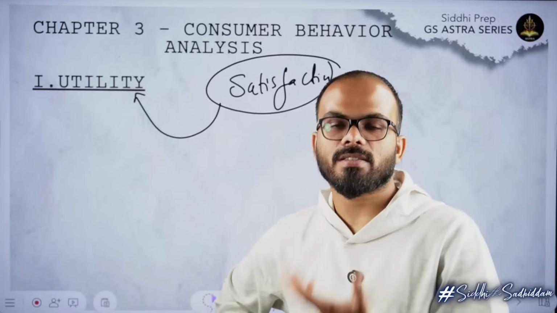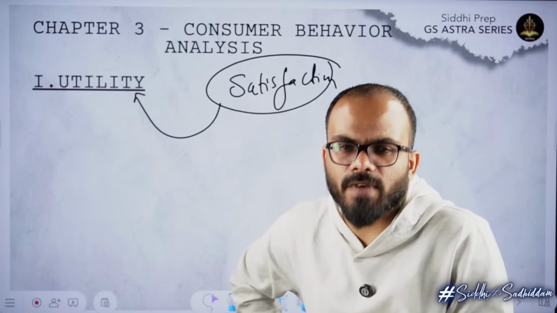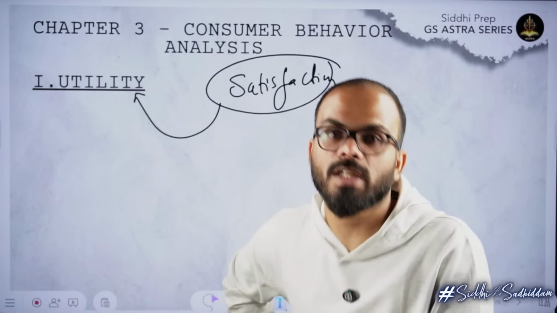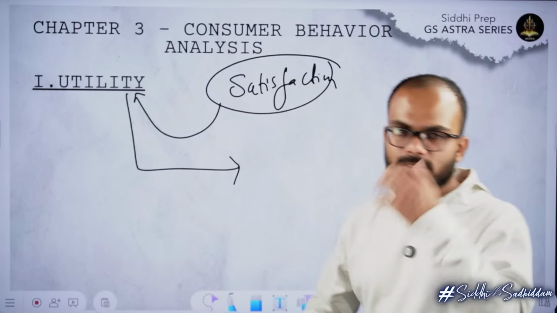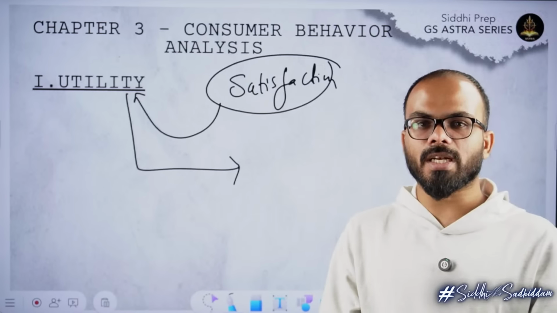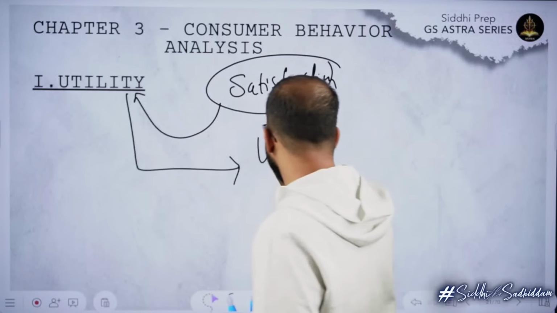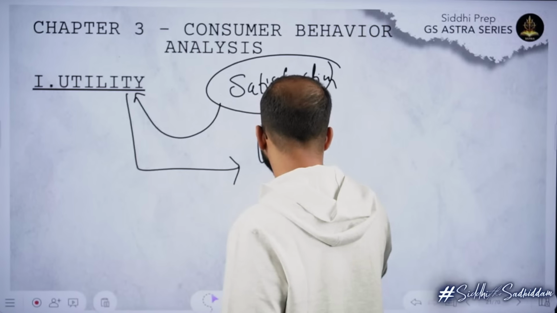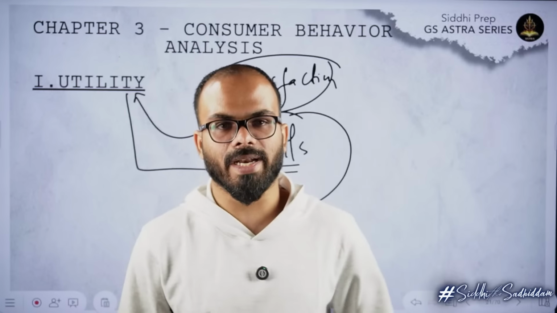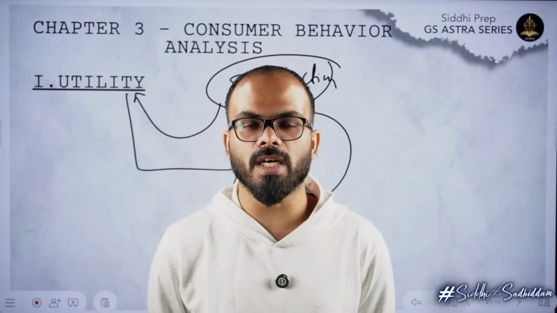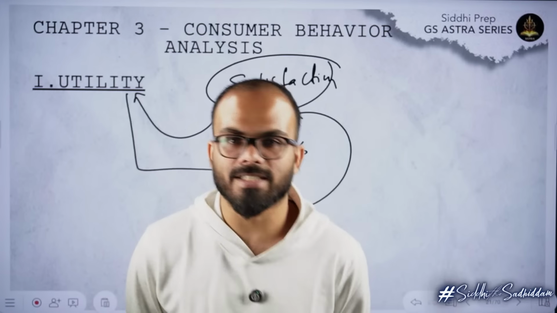Or when I am teaching a class, I have some satisfaction. So this is called utility. And in economics, utility is measured in terms of utils, right? So utility is all about satisfaction.